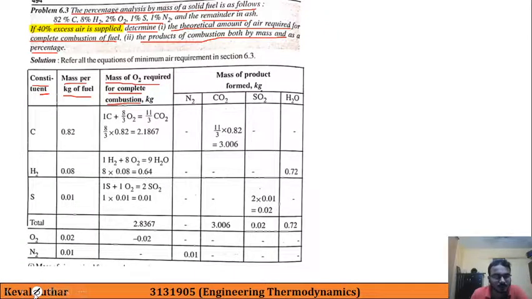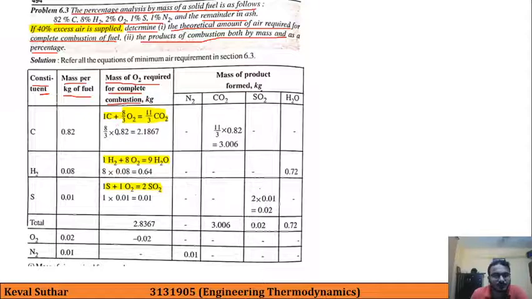Now if you recall, these are our standard chemical equations for formation of various combustion products. This is the first one, this is the second, and this is the third. Based on these standard equations, what we require is the mass of oxygen required for complete combustion in kg.